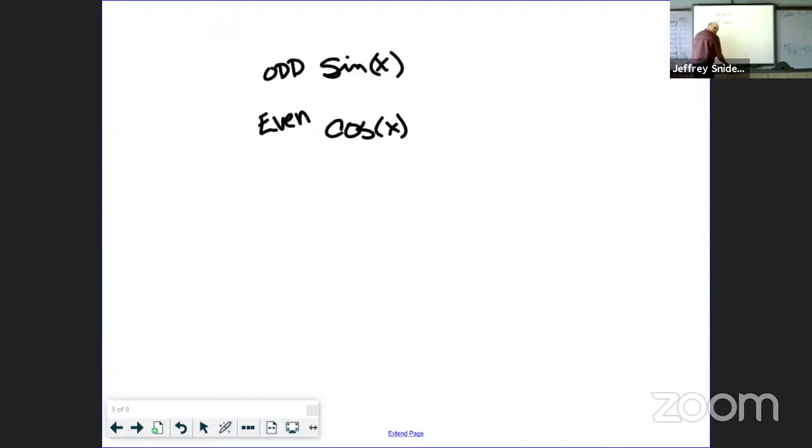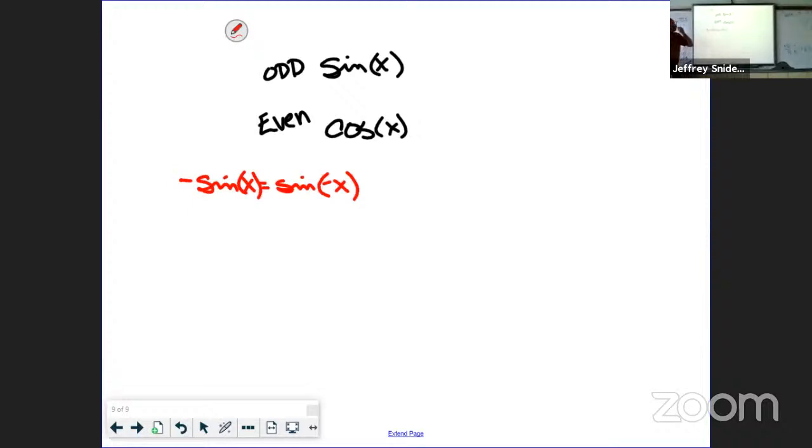Now, if sine of x is an odd function, that means that what? Negative sine of x is equal to sine of negative x. That's what that means then.